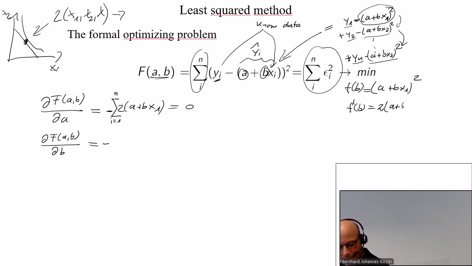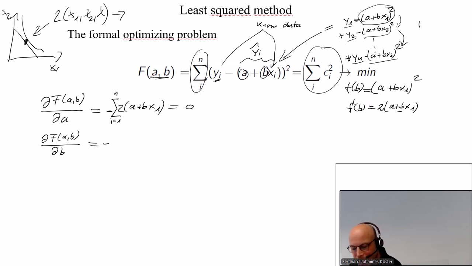What kind of rule do we have to apply taking the derivative? Because here you have an inner part. You have still a dependence within this bracket, and then you have to apply the so-called chain rule.